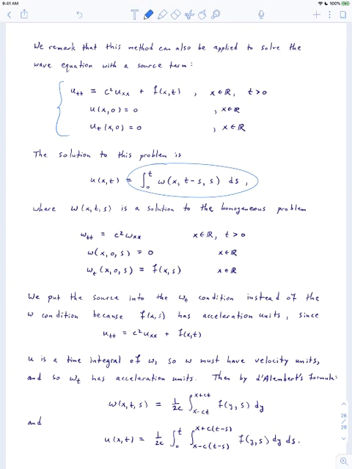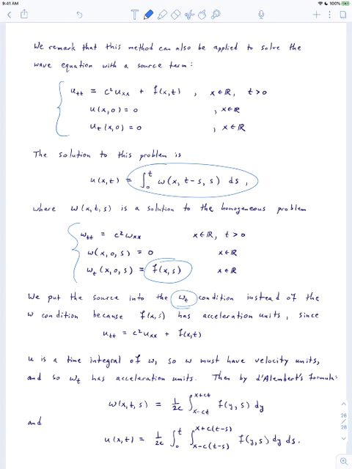And this w function is a solution to the related homogeneous problem, where we have the same wave equation, we just don't have the source term. It's homogeneous. But we do still have a source, we've just put it here in one of the initial conditions. Notice that we put it into the w_t condition, the speed condition on w.